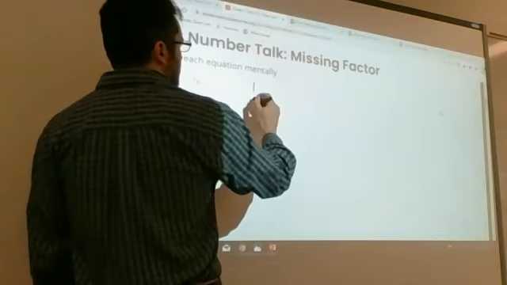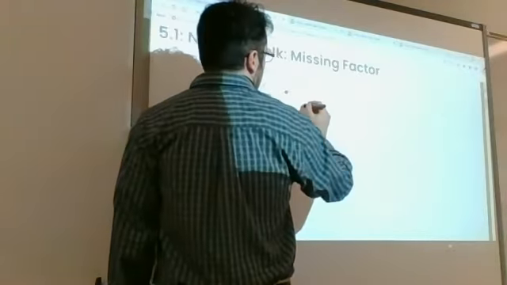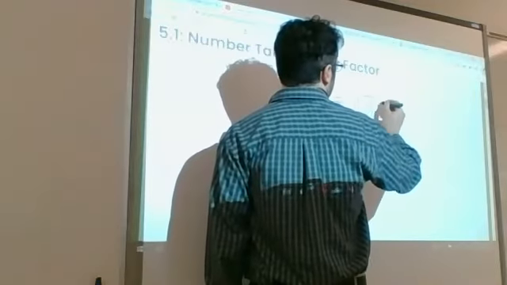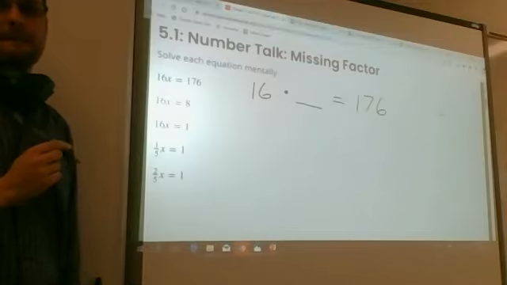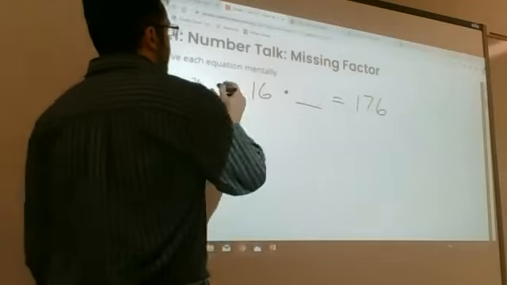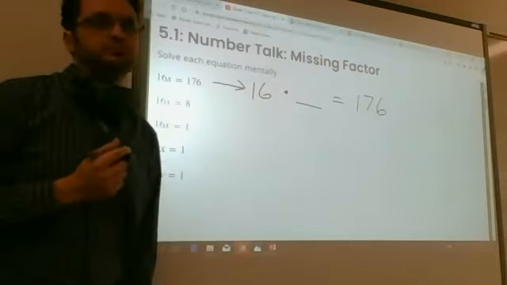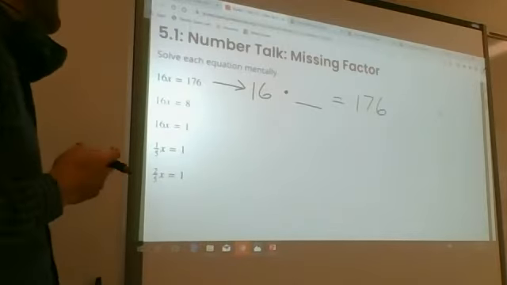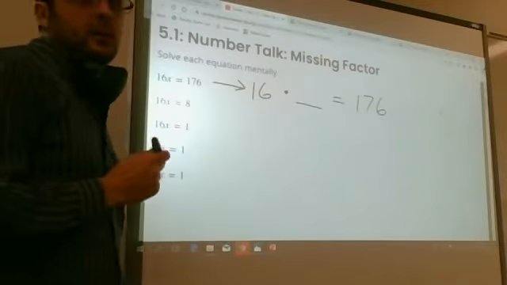Some of you are still struggling with algebra, so that's the same thing as 16 times a number we don't know, x is the unknown, equals 176. What do y'all think? Anybody have any guesses?